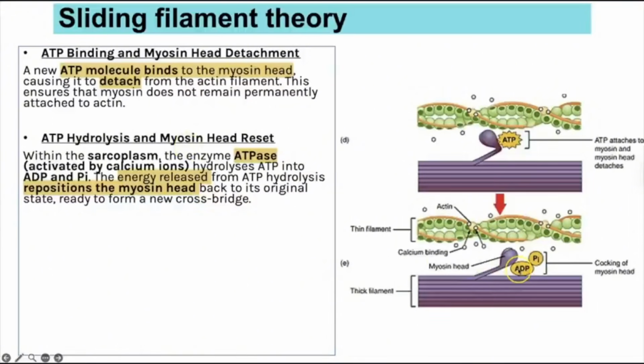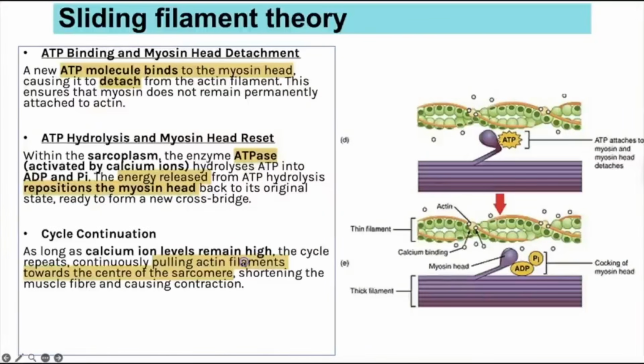So within the sarcoplasm, there is the enzyme ATPase, and that is activated by calcium ions. That will hydrolyze the ATP back into ADP and Pi, and the energy released from that ATP hydrolysis repositions the myosin head back to its original state, ready to form a new cross bridge and therefore go through that process again to bring the actin even closer for a full muscle contraction.